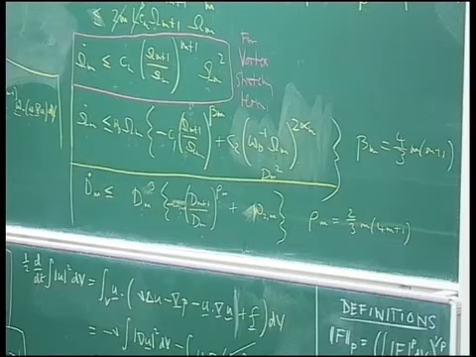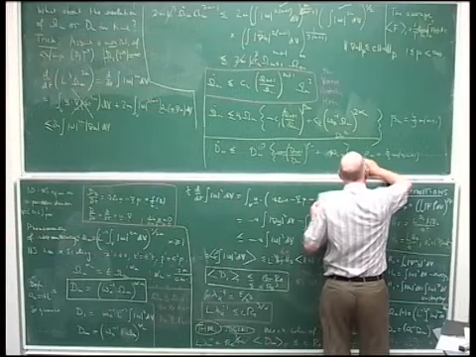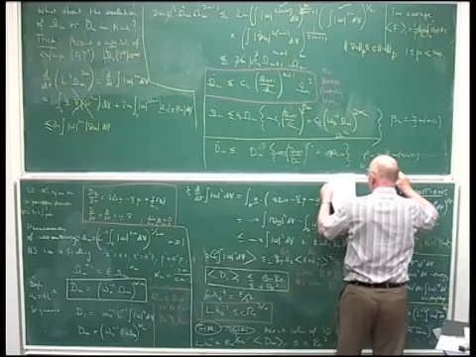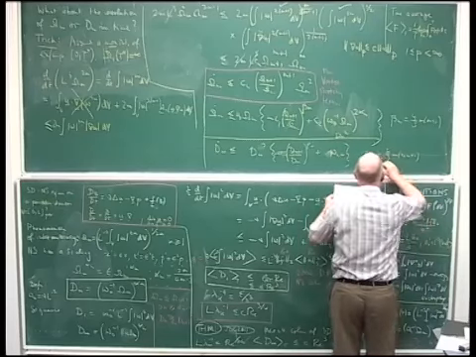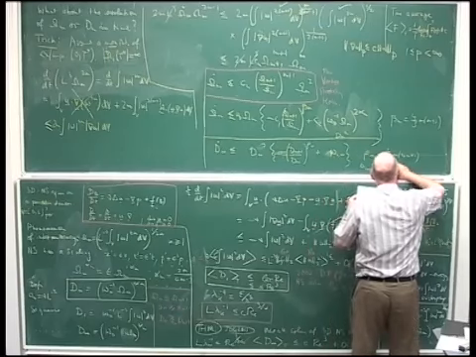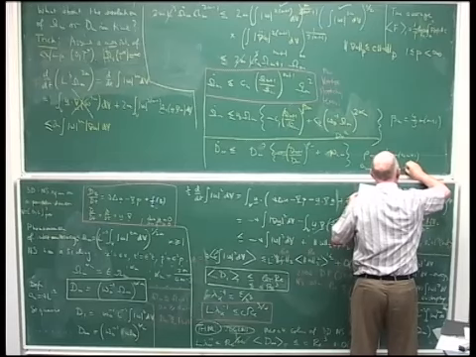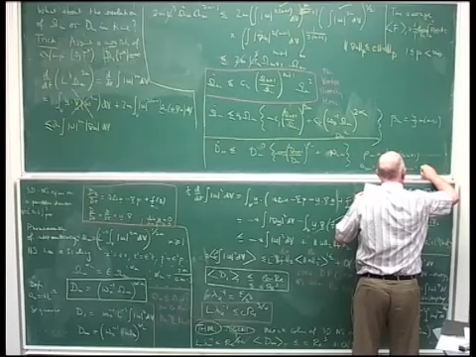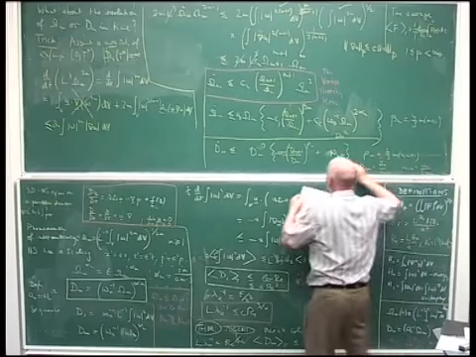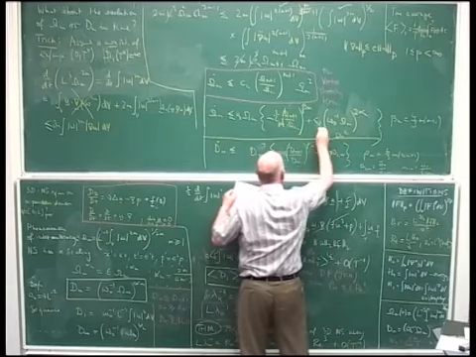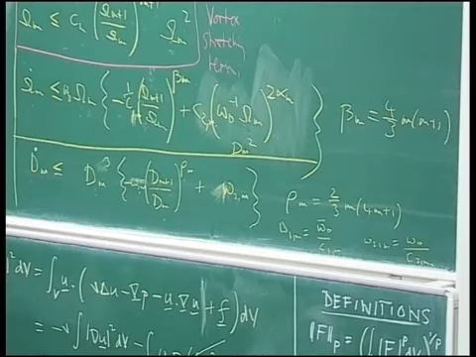Omega 1m is none other than omega 0 over c1m, and omega 2m is omega 0 over c2m.